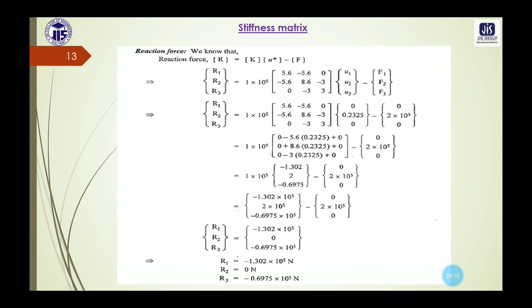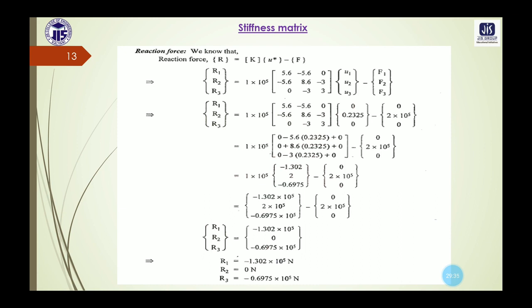And for the third part of this numerical, we need to calculate the reaction force. The formula for the reaction force is the multiplication of the K matrix and the U star matrix minus the F matrix.